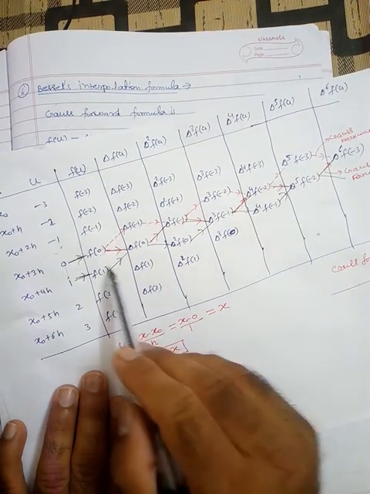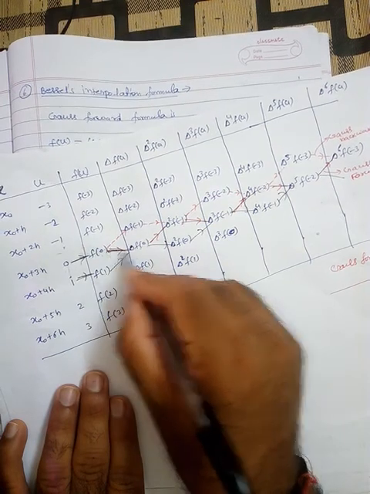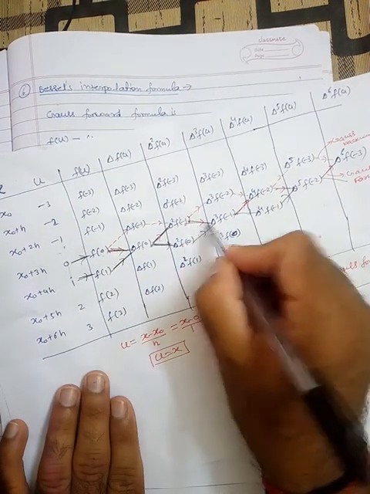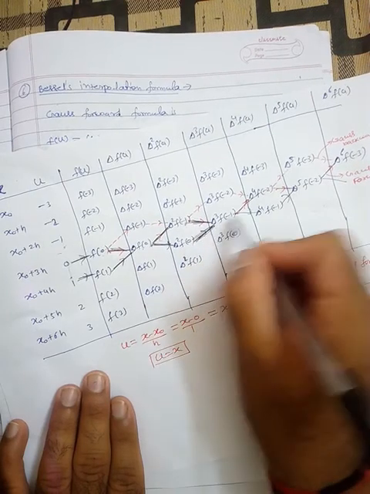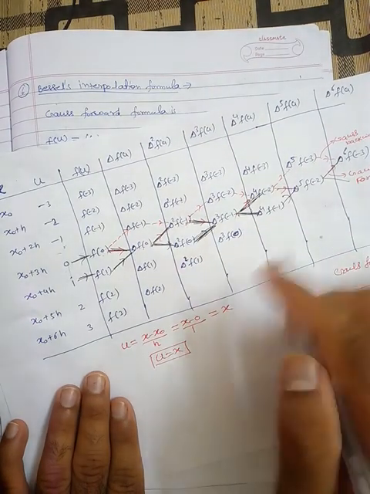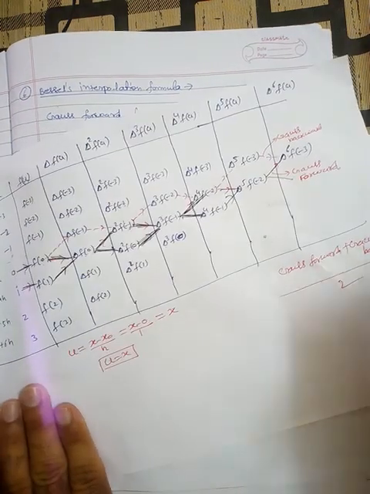So this will be the path: double, single, double, single, double, single, double, single. This black part is your Stirling's formula. This will be the Bessel's formula. Fine. Stirling's is the average of these two, which we have already developed.